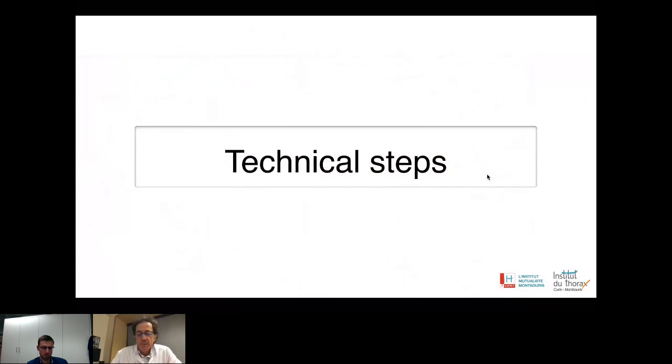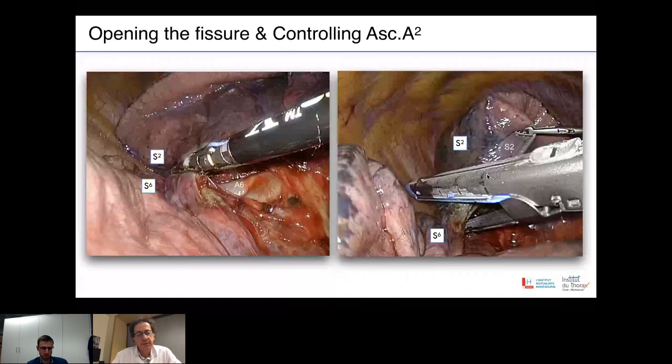So I move to the technical steps. We approach it as we perform a right upper lobectomy, opening the fissure, making it shorter if it's a thick and long one. You can use either a vessel sealing device or a stapler.